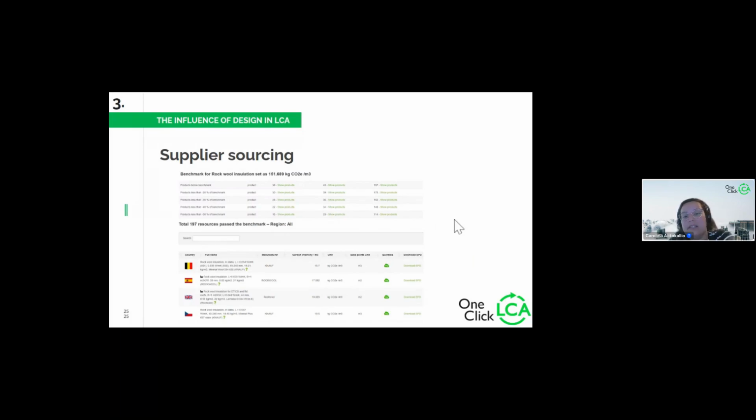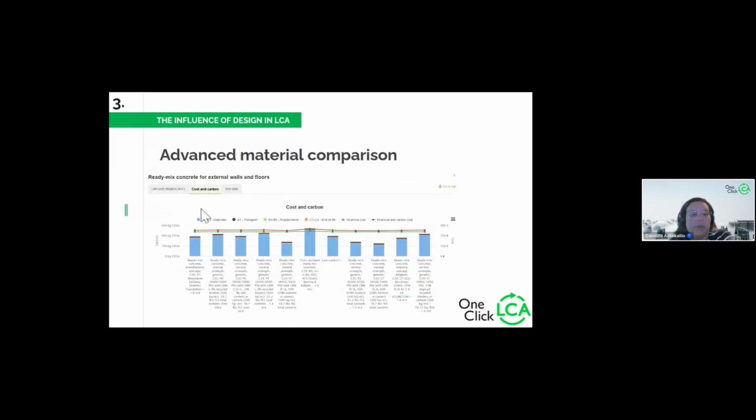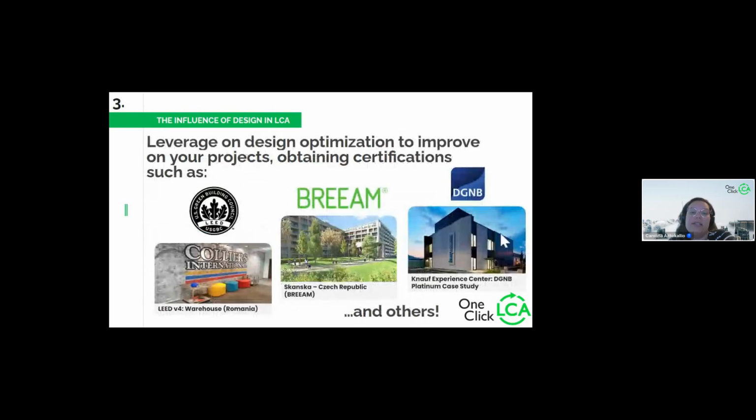And with this, you can also have the advanced material comparison, in which you are comparing not only the emissions, but also costs. And you can do this by selecting materials of your choice as well. So you can leverage design optimization to improve your projects, and you can also obtain certifications.